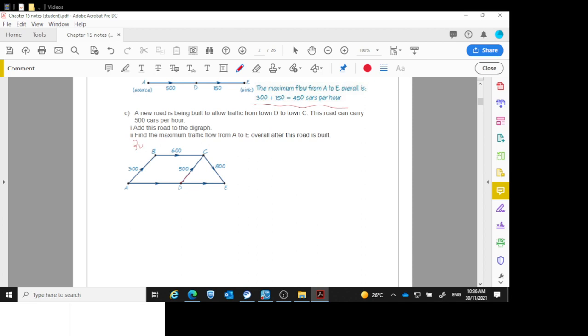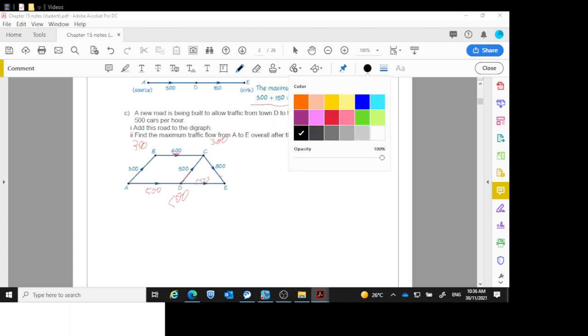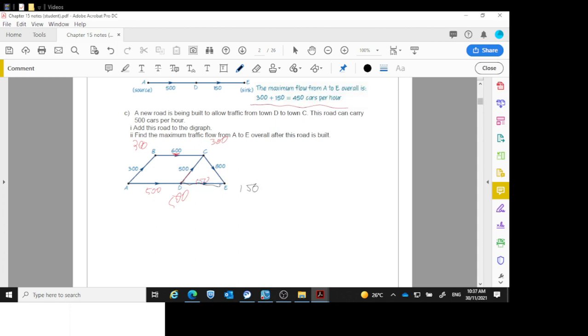So again, I can bring 300 here. Out of the 300, I can bring all of them because I can get 600 to there. Over here, there was 500, not shown on this. I can bring 500 to D. On this road, there was 150. Now, out of these 500, I can split this up. I can take 150 this way, so I get 150 reaching there already. So now I've got 350 left.